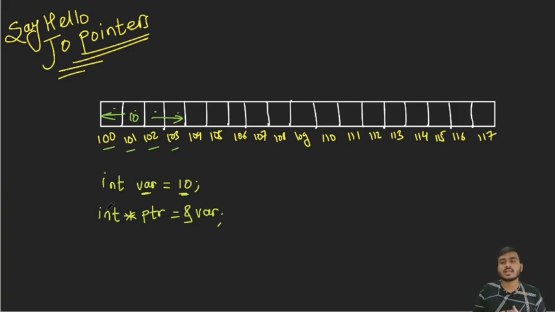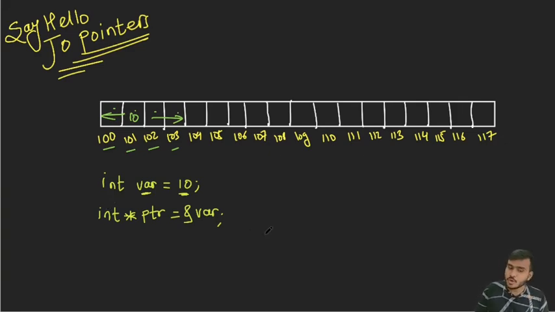We call that address the base address of the variable. So whenever we use the address of operator, we actually get the base address of the variable, because if a variable has 4 bytes of memory, it will have 4 addresses, but we just care about the first address from which the variable starts. Just keep this in mind: the address of operator always returns the base address of the variable.